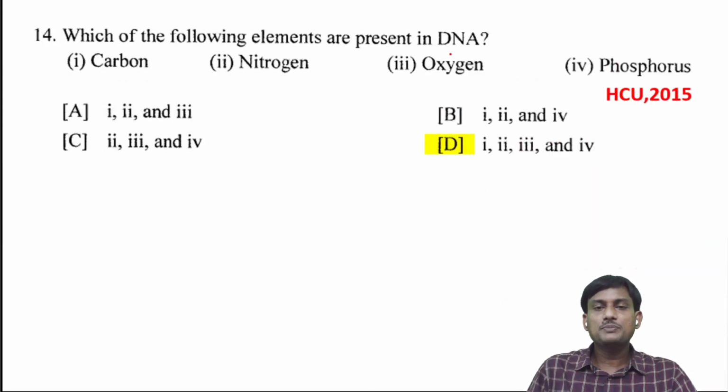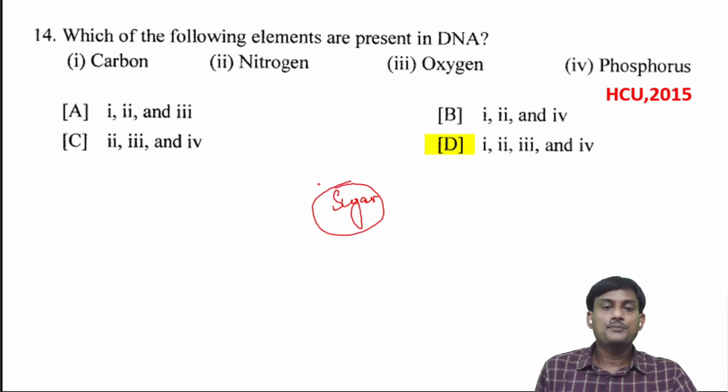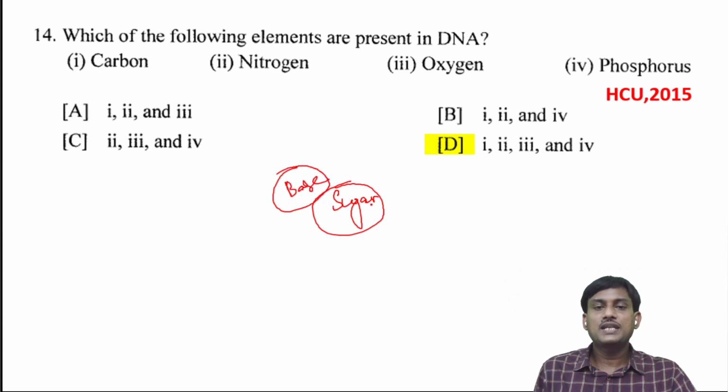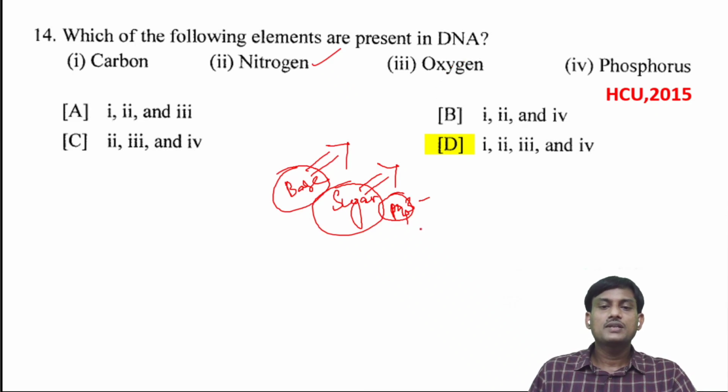Which of the following elements are present in DNA? DNA, deoxyribonucleic acid, consists of sugar, nitrogenous bases, purines and pyrimidines, and also phosphate. The nitrogenous base contains nitrogen and carbons, the sugar molecules contain carbon, oxygen, and hydrogen, and PO4 3 minus contains phosphorus.